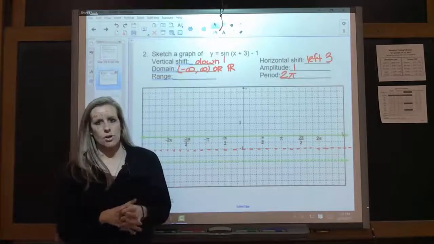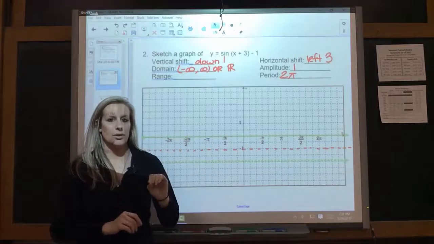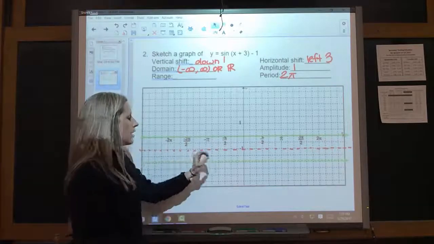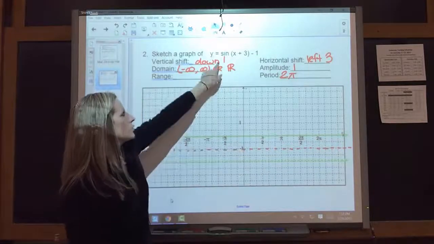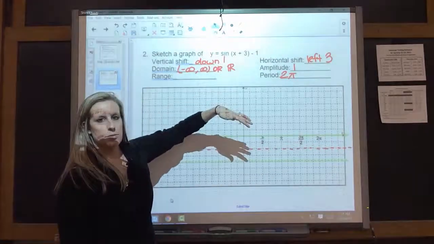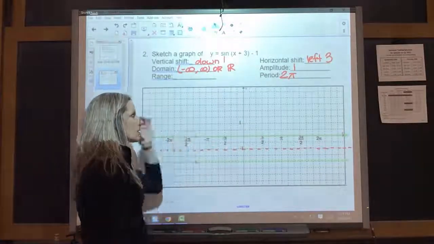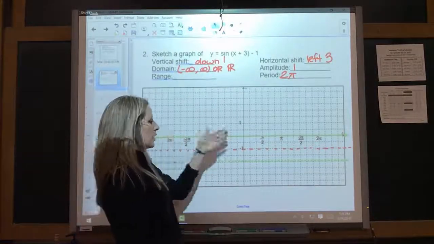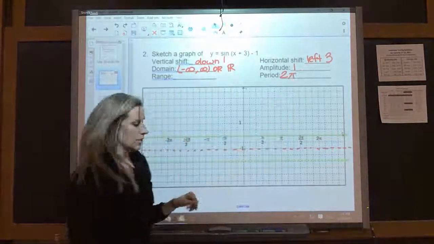Alright, so my starting point for a sine function is normally in the middle at 0, right? And then it goes up and comes back down. So this one, it's not flipped, right? We don't have a negative, so we're still going to start in the middle and go up. But we aren't going to start at 0. We're going to go to the left 3.